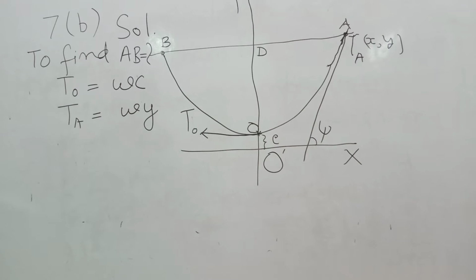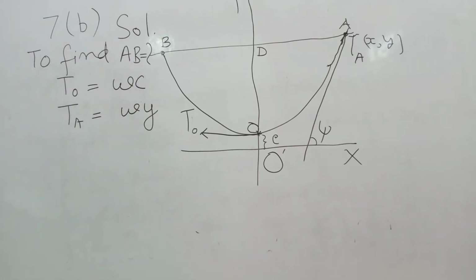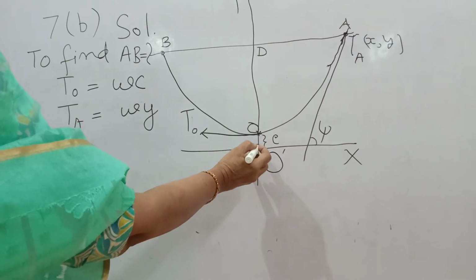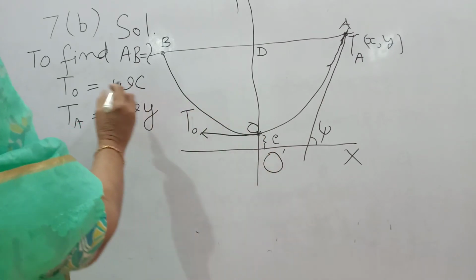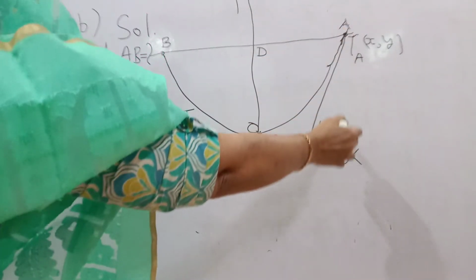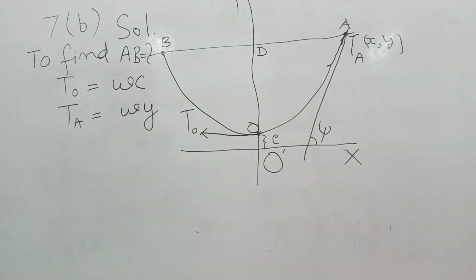Why? Because there is a result that the tension is weight per unit length times the y coordinate. So here the y coordinate is c, so T0 is Wc. Here the y coordinate is y, so TA is Wy. Okay.